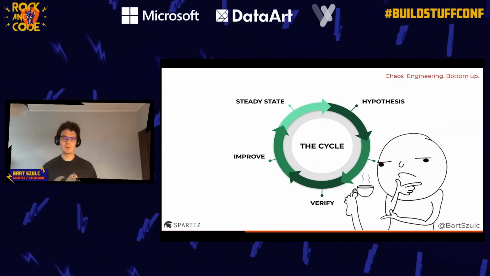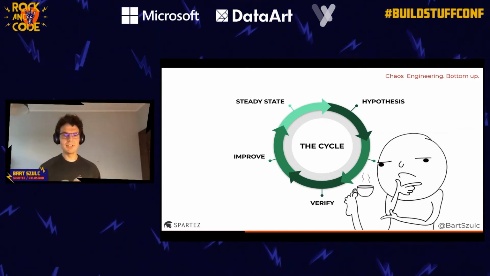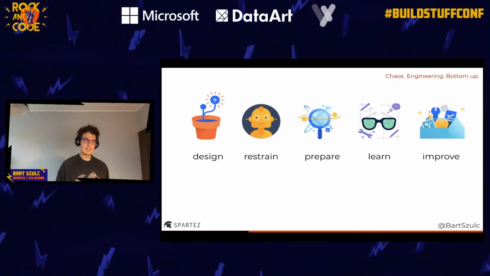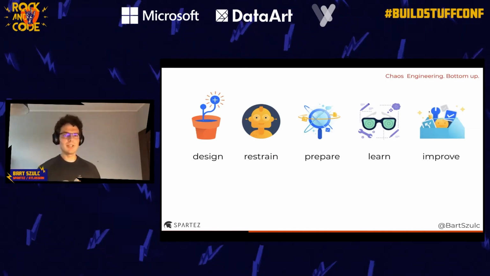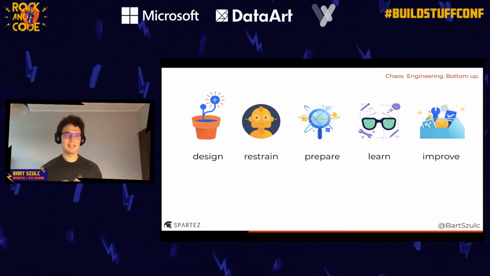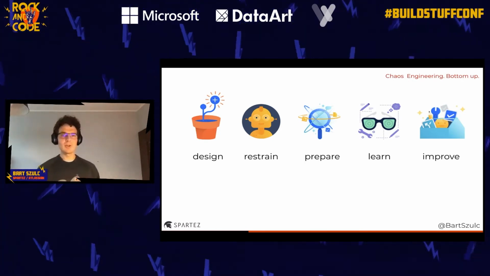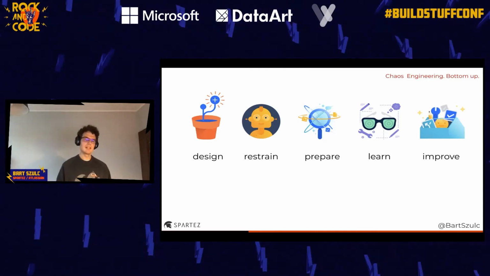So where should we put this chaos engineering cycle in what we already do? And when I say we, I mean I and the team I'm part of, we decided to go with 5 phases.